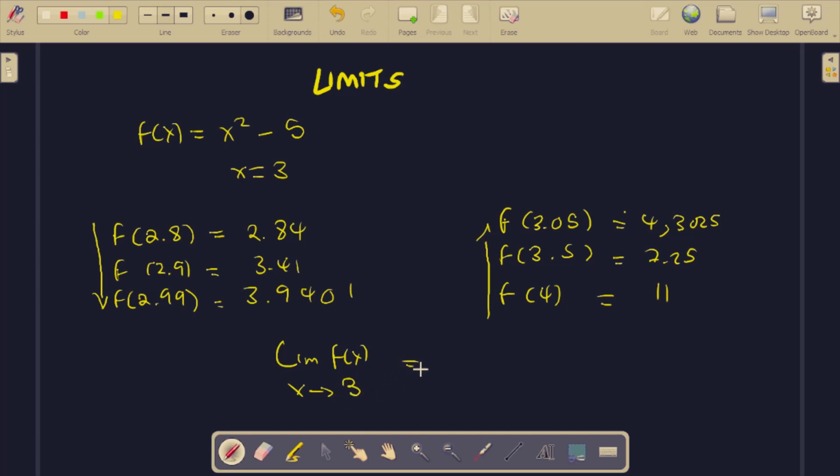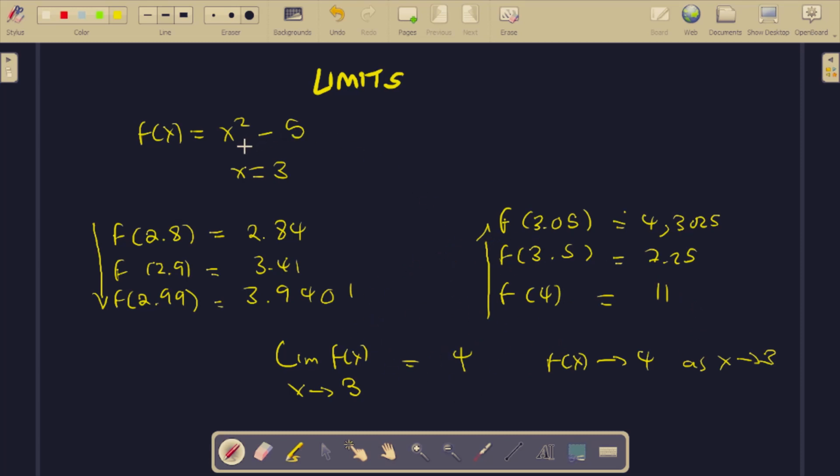Our value is going to be 4. We can also write this in another way. We can say f of x goes to 4 as x goes to 3. That is what taking the limit of a function is.